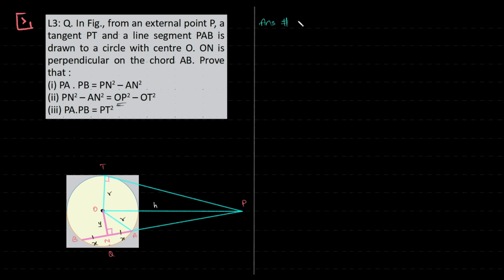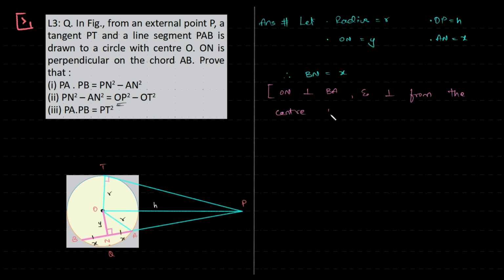So let me start off the answer without drawing the diagram. But we'll have to mention that let radius be equal to R. Then we have the hypotenuse be equal to H. Then we have ON be equal to Y. And we have to explain that we have AN is equal to X. This implies therefore BN is also equal to X. Reason being, ON is perpendicular to BA and perpendicular from the center bisects the chord.